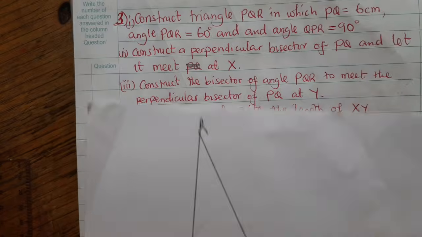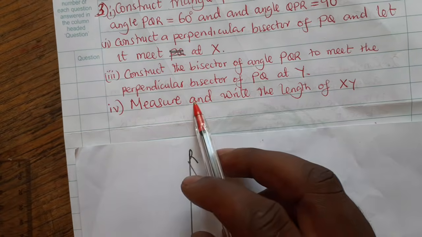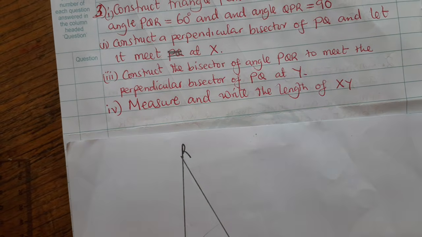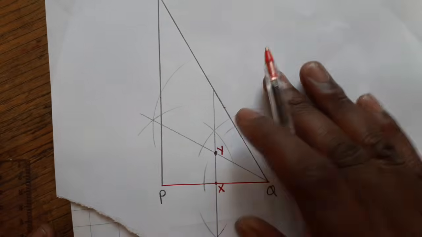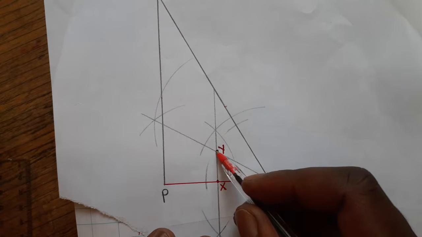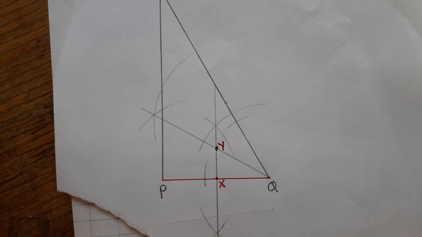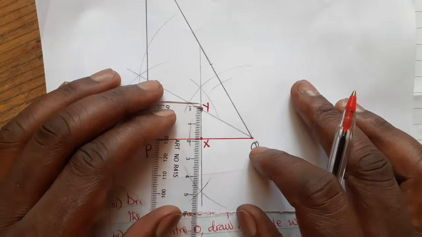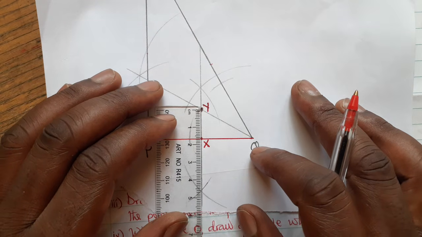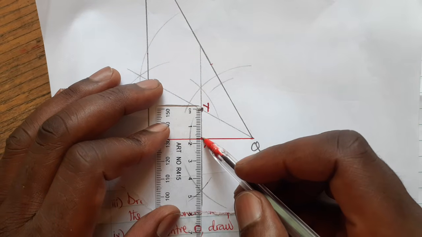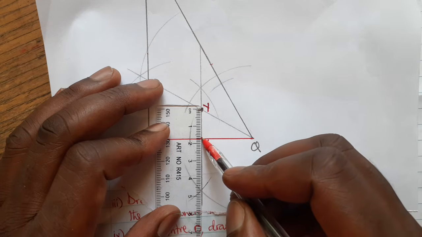Okay. Then the last question now is saying, measure and write the length of XY. So XY, from X to Y. So we are going to measure now this distance here. You measure the distance, that is 1.7.